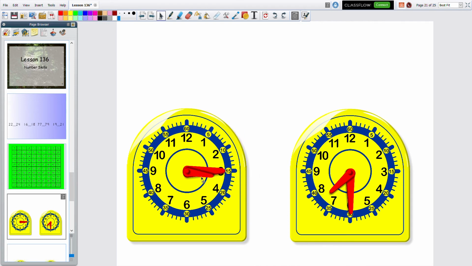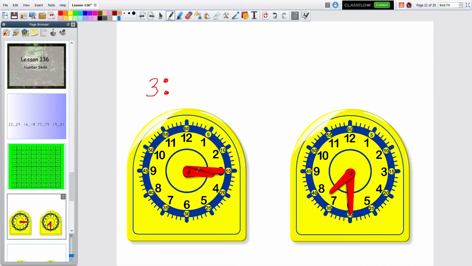Let's look at this shorthand. We have in close to the shorthand, we have that 3. So you know it's going to be in the what hour? The 3 o'clock hour, because it hasn't gone to the 4. So we're going to go up here and write the 3 in the hour space, because we have the 3, and then we have the dot, dot. So we know it's dot, dot.